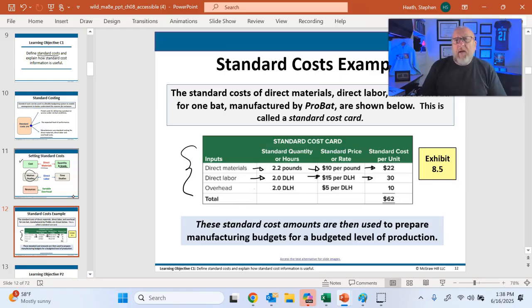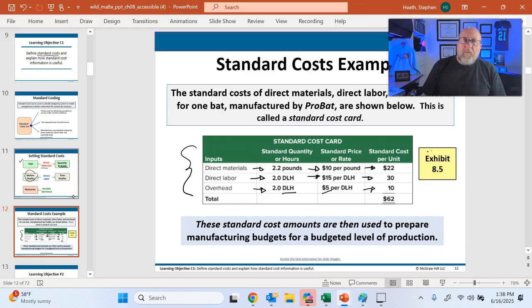And then I'm going to have overhead. I'm going to allocate overhead based on direct labor hours. I'm thinking I'm going to have 2 direct labor hours, and the predetermined manufacturing overhead allocation rate for this particular product is $5. And therefore, the total overhead I would allocate to a bat is 62, right?